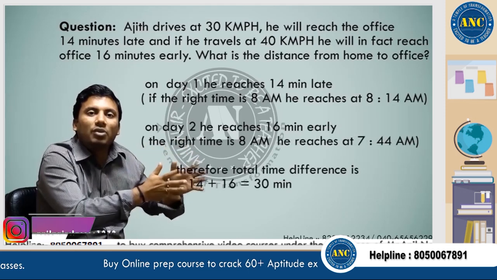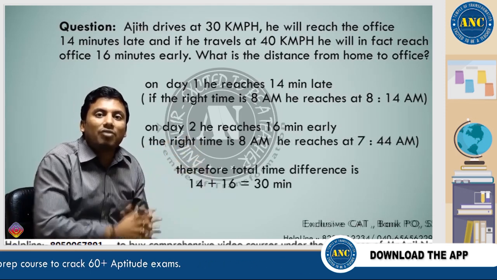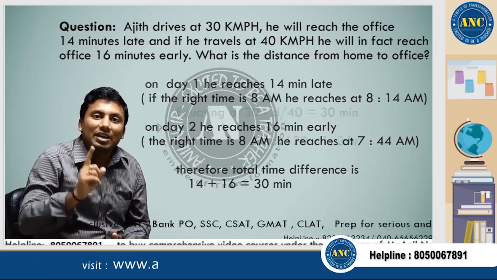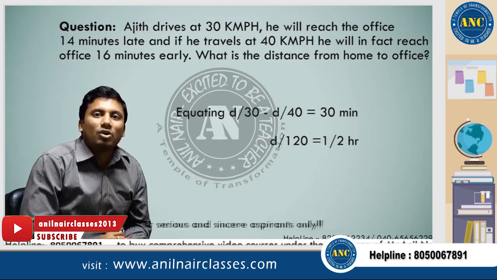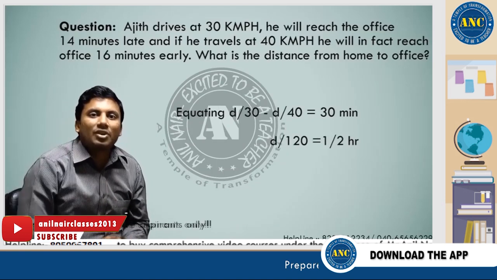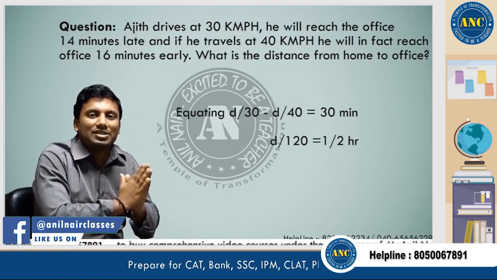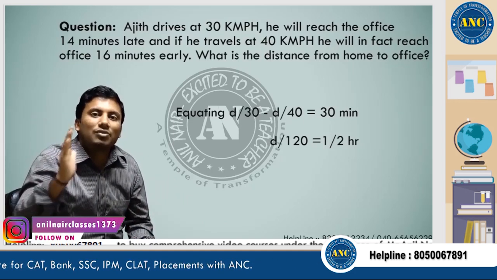So we got one equation: d by 30 minus d by 40 for the time period, and it is also equated with 30 minutes. Why 30 minutes? Instead of reaching office at 8 o'clock, he reached at 8:14, and the next timing is 7:44. 7:44 to 8 is 16 minutes, 8 to 8:14 is 14 minutes.